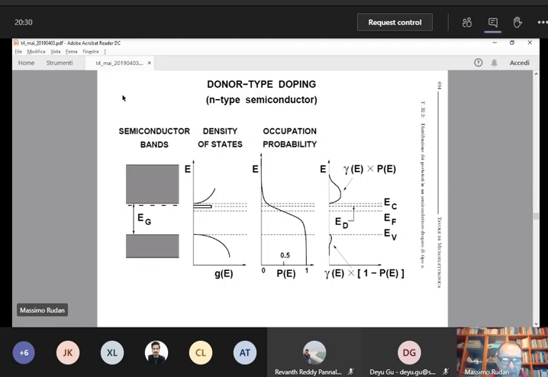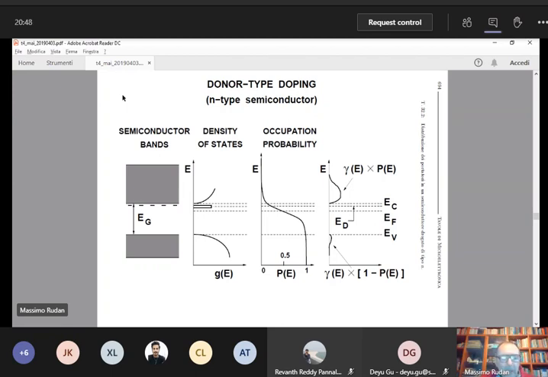Okay, so these states are not extended over the whole volume of the semiconductor, but they simply belong to the position in space where the donor atom happens to be.